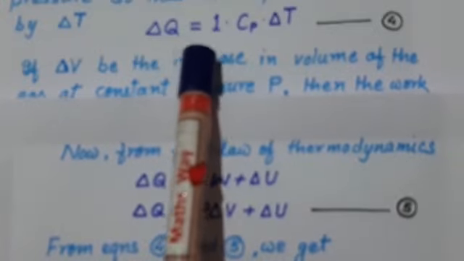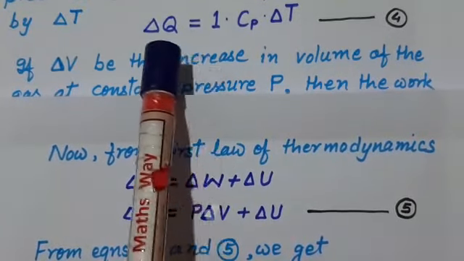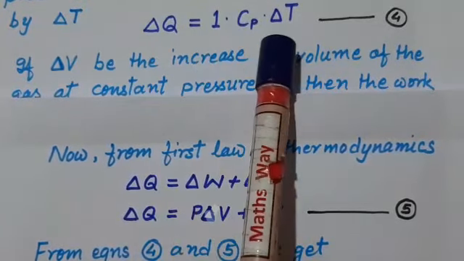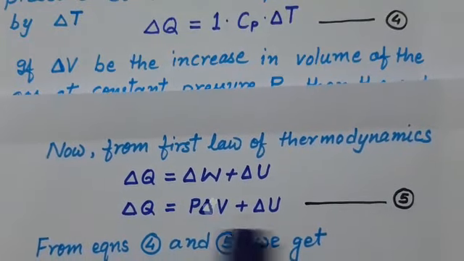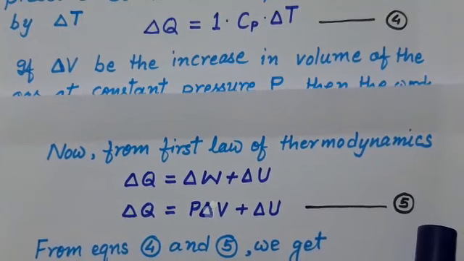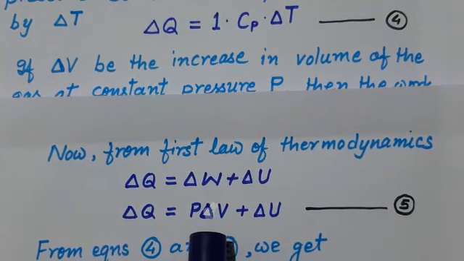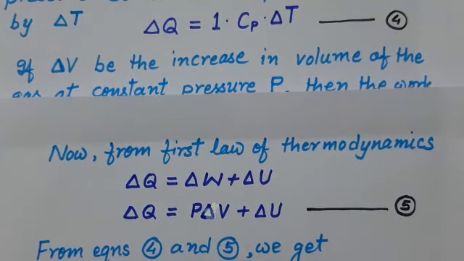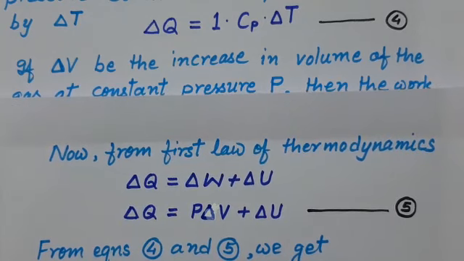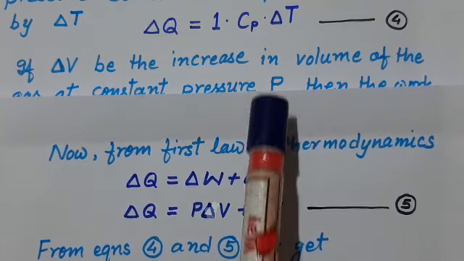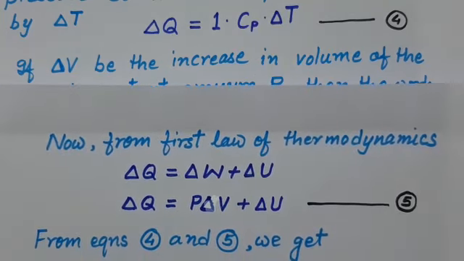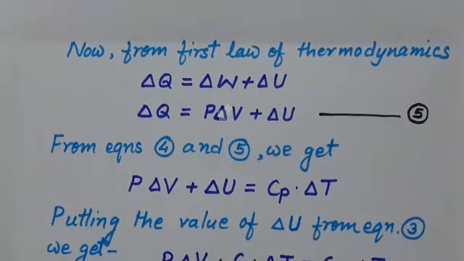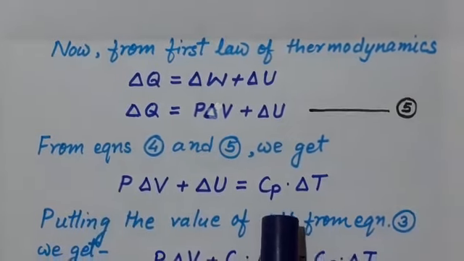Equation number 4 is delta Q equal to 1 into Cp into delta T, and 5 is this. Then P into delta V plus delta U is equal to Cp into delta T.